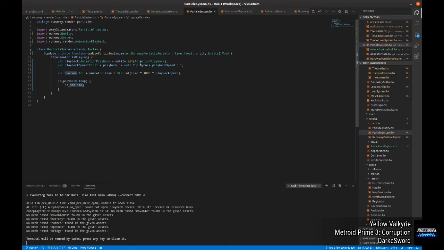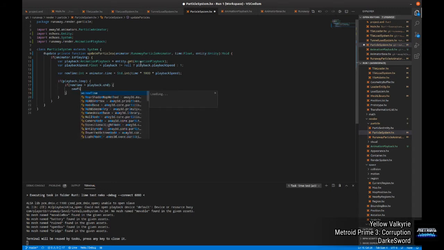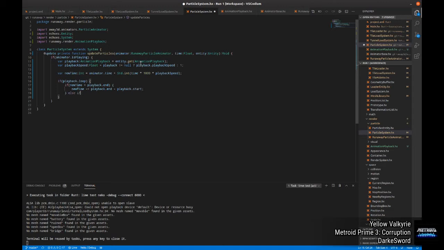We're adding some important functionality, such as looping. I'm taking the time to program it properly because I hope to be able to use this for all kinds of animations in the future.